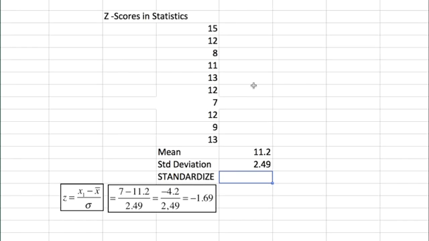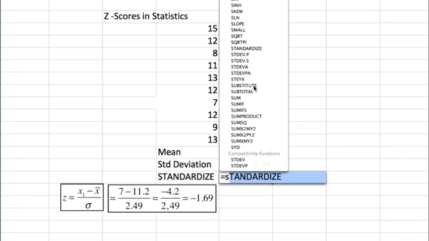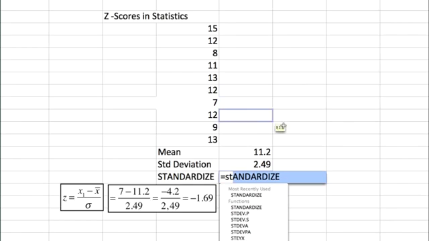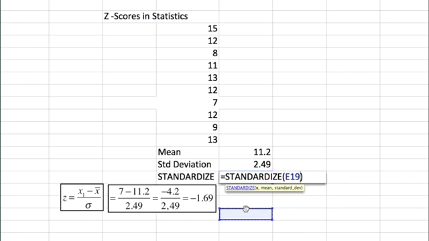There is also the statistical function in Excel called standardize. And if we start typing equal standardize, double click on it, you will see that it asks for 3 pieces of information. First is the number that we're interested in, and in this case that's going to be 7.